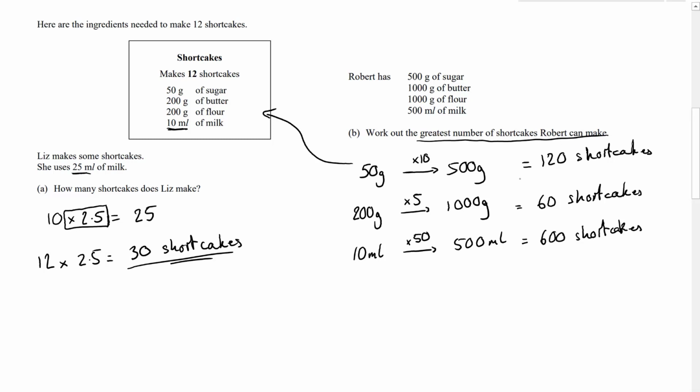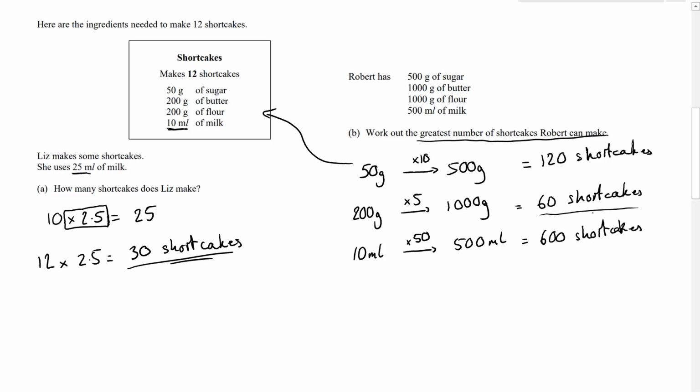However, if we were to make 600 shortcakes, not only would we have to multiply the amount of milk by 50, we'd have to multiply everything else by 50. So actually, when we come to this step of figuring out what's the greatest number of shortcakes we can make, we have to take the smallest number of these three, because this is saying that this is the biggest number we can make before we run out of one of these ingredients.